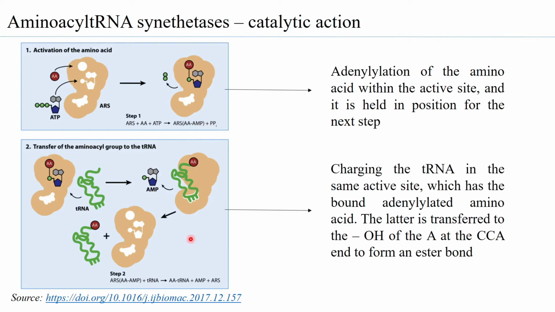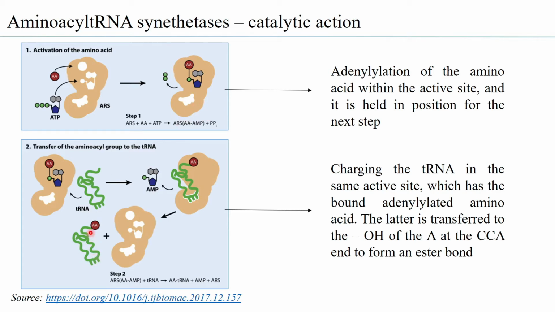So what happens is that as the enzyme is bound already to the adenylated amino acid, the enzyme is not going to leave it. In fact, the first substrate, that is the amino acid and the ATP, will remain bound to the enzyme as an enzyme substrate intermediate complex. This enzyme substrate intermediate complex has a conformation that allows it now to bind with great affinity to its cognate tRNA.